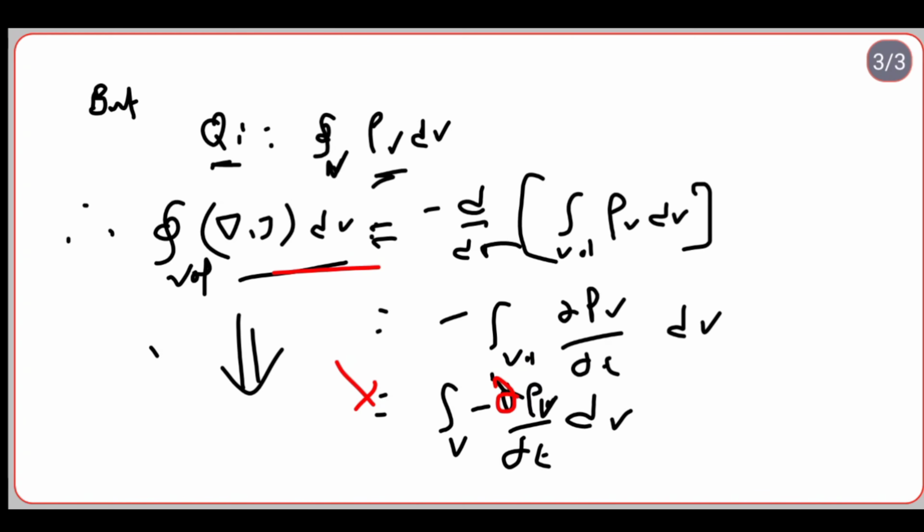If the relation is true for any volume, it must be true even for an incremental volume, that is delta v.